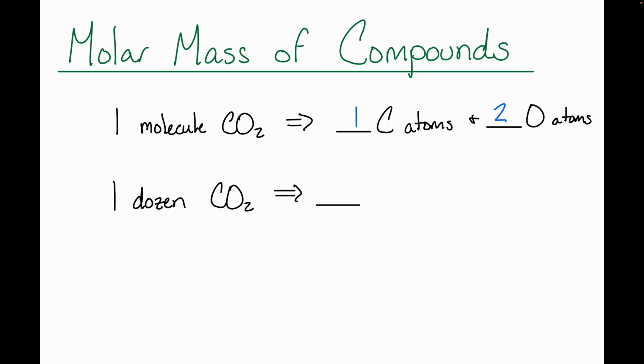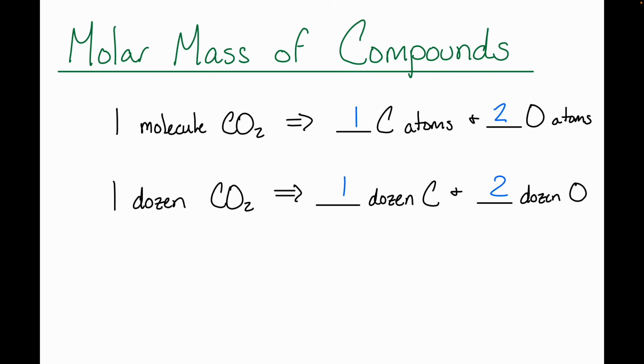That means I have how many carbon atoms? 12, but if I was to use that unit dozen instead, how many dozens of carbon atoms would I have? 1. And how many dozen oxygen atoms would I have? 2.